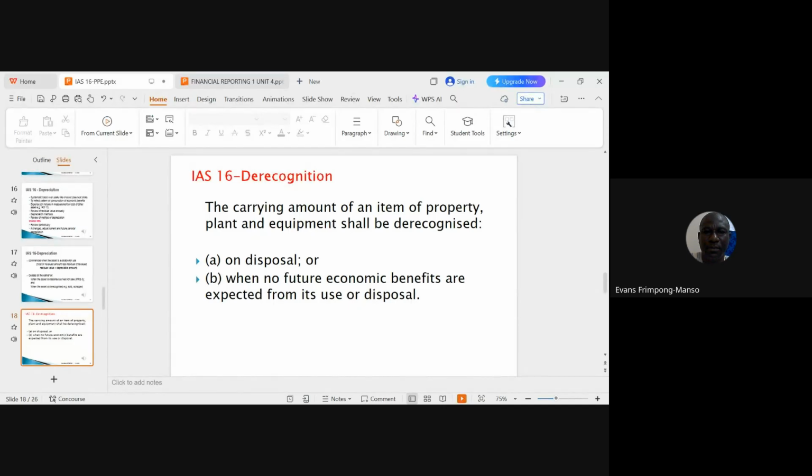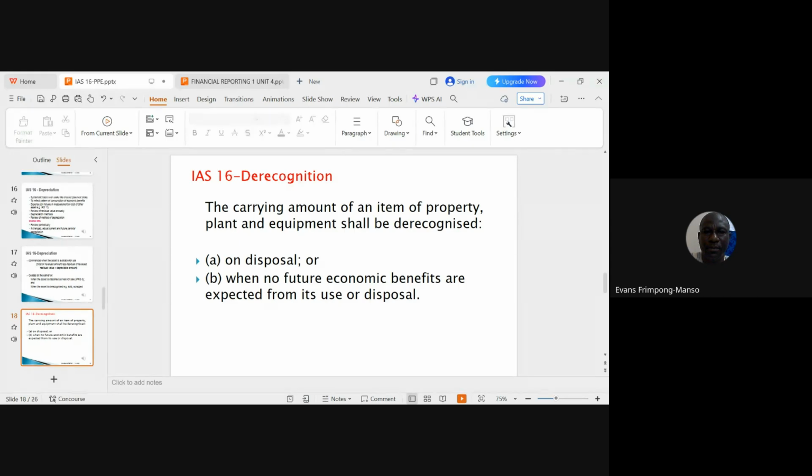And in what situation can we remove the assets from the financial statement? You can do that when you sell the asset, that is on disposal. When you sell the asset, it will no longer be there. So it means you have de-recognized the asset. You have removed it from the financial statement.